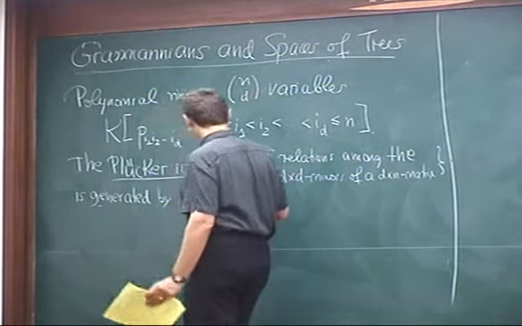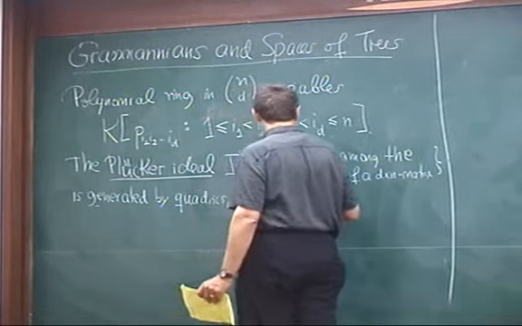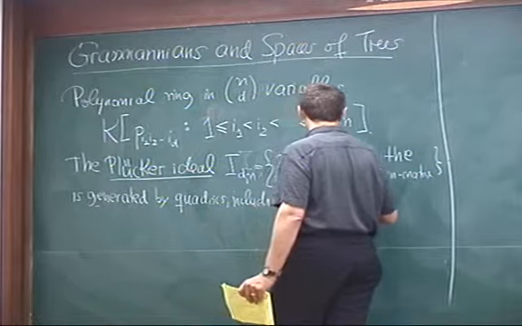Among these quadrics are the so-called three-term Plücker relations.